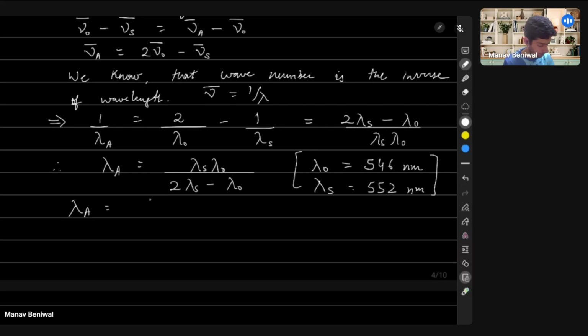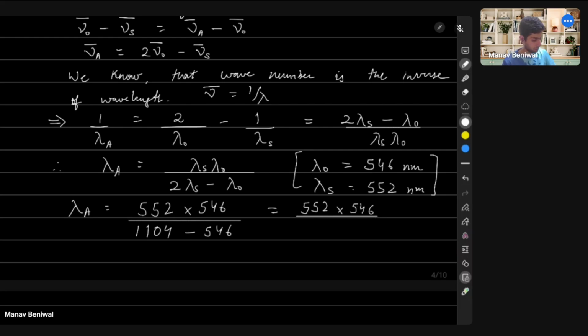Lambda a will then be 552 times 546 over 2 times 552 minus 546.